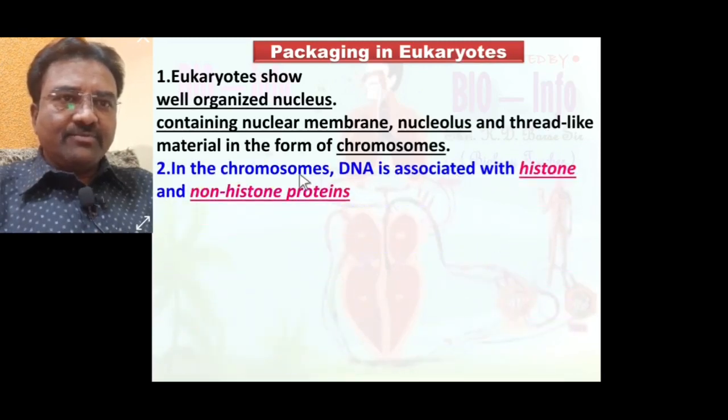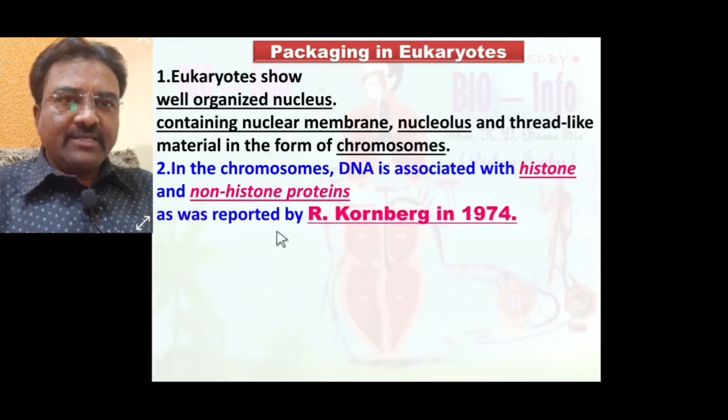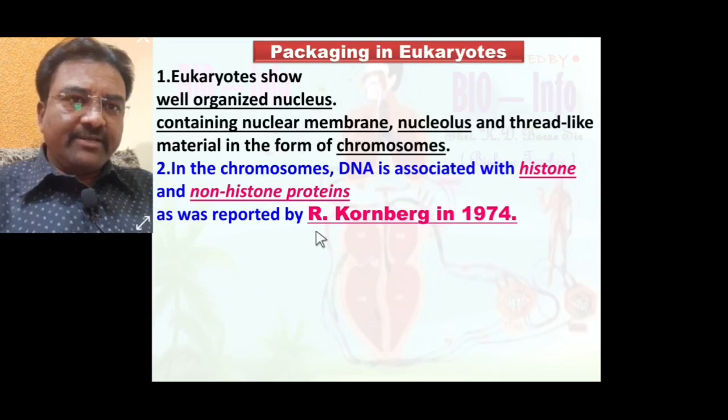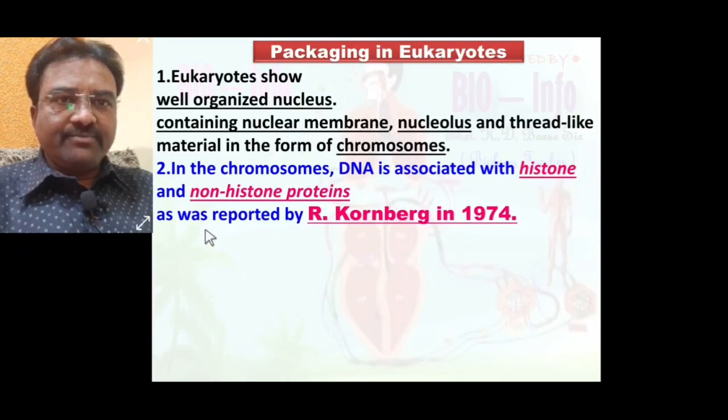In the chromosome, DNA is associated with histone and non-histone proteins. In the eukaryote chromosome, DNA is associated with histone and non-histone proteins, as was reported by R. Kornberg in 1974.